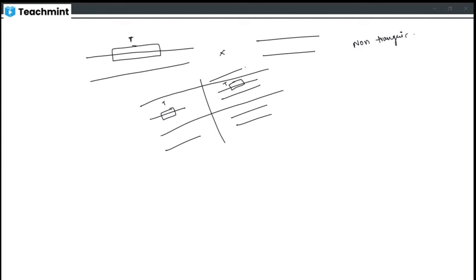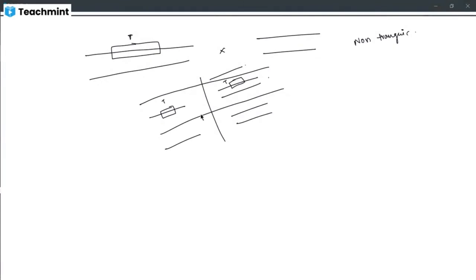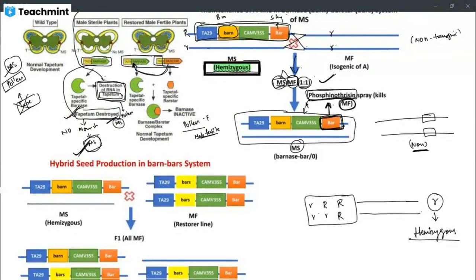Okay. So this is having the construct and this is not having anything. So this will be again non-transgenic in nature and this will be transgenic because it has the construct. If you want to identify which one is male sterile and which one is male fertile, you need to spray a chemical, right? And this chemical is known as phosphinothricin.